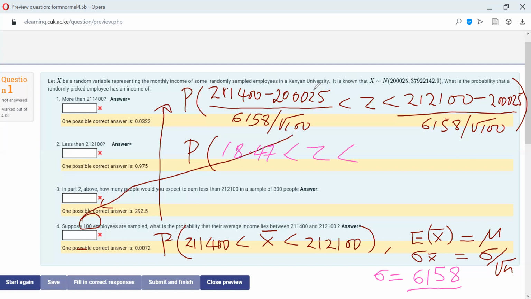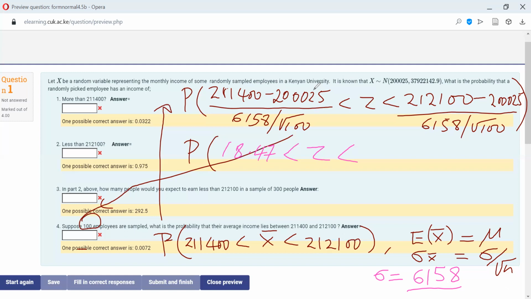Said less than... let me see the other one.